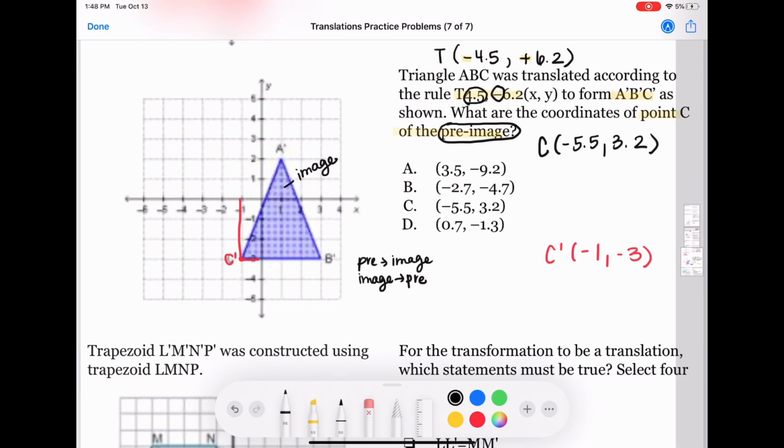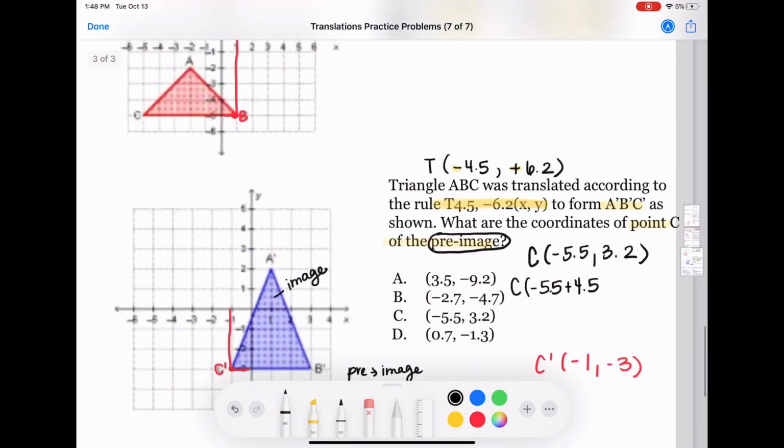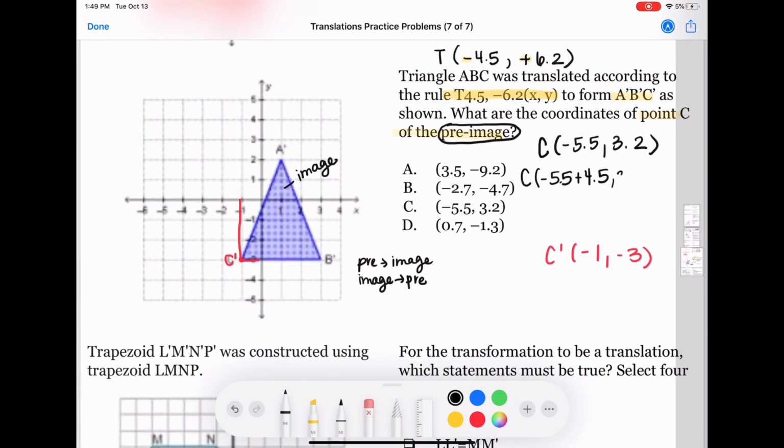Let's follow this original function rule just to be sure that we have found the right pre-image vertex coordinates. So what we would do is we would take C, -5.5 plus 4.5 and 3.2 minus 6.2.